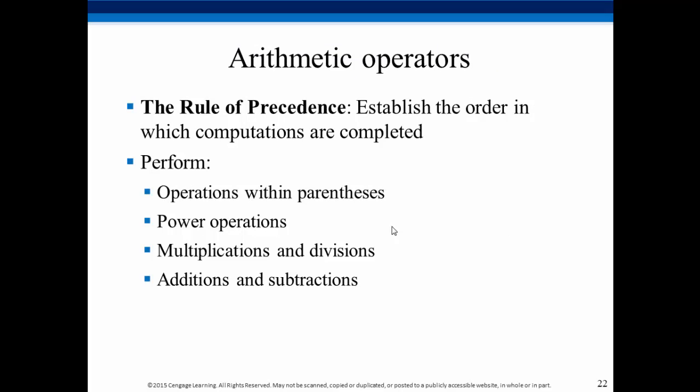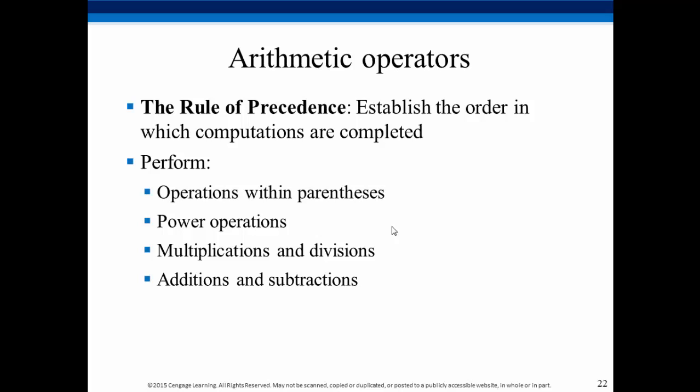Alright, the rules of precedence establish the order in which computations are completed. We will always perform operations within parentheses first, then power operations, multiplications and divisions, and then additions and subtractions.